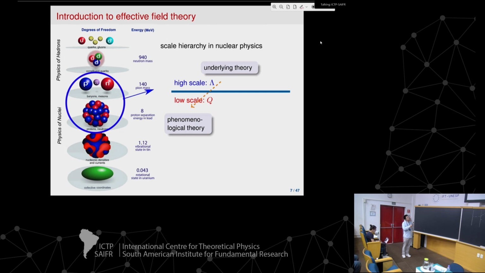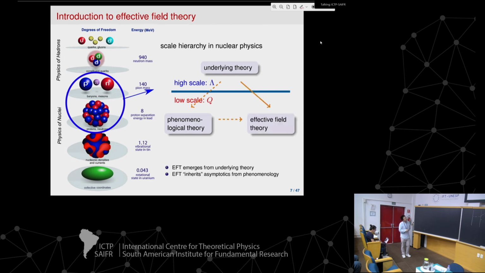nucleon degrees of freedom with pion exchange to describe the interactions. What people did with the Argonne v18 potential is build a phenomenological theory to describe the interactions.